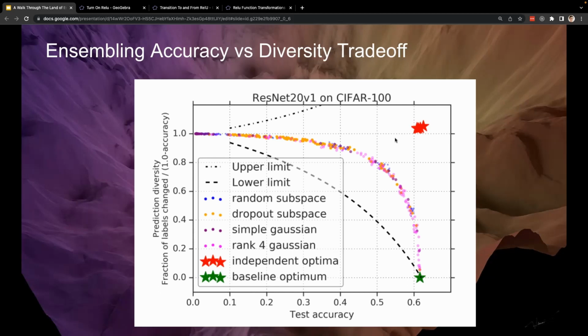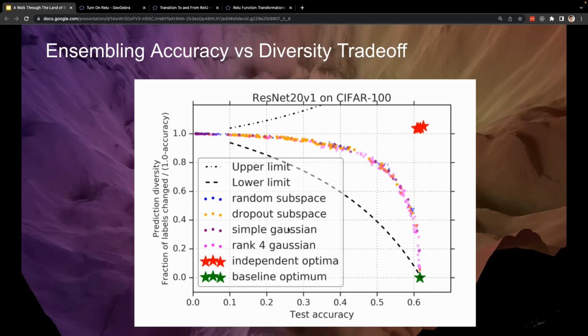So what they did in the paper was they tried a bunch of ensembling techniques, including dropout, which is what some people would say is sort of ensembling. And then other people do these Gaussian types of things. Just going off what he was saying, I think they find a minimum and then use some Gaussian noise to search the space around it.